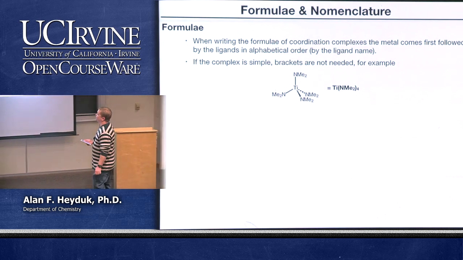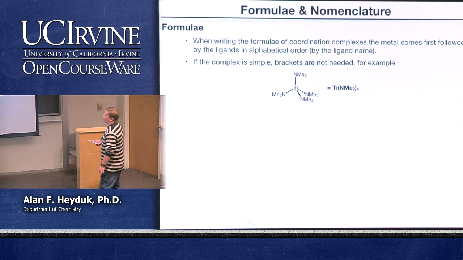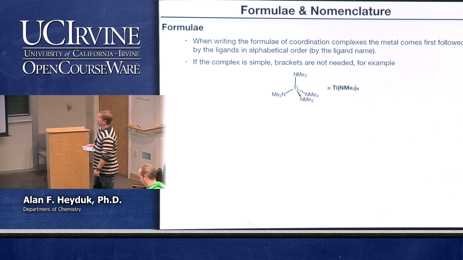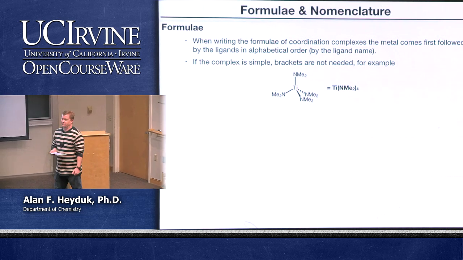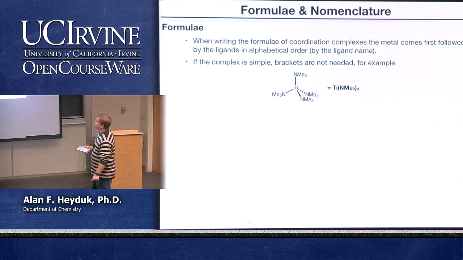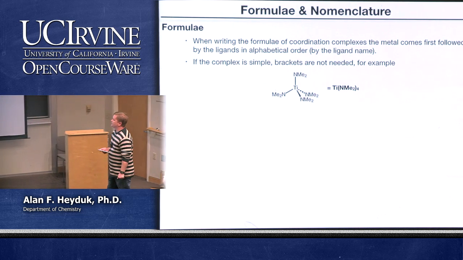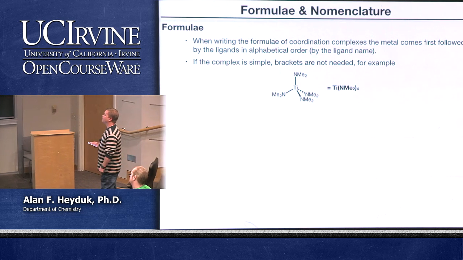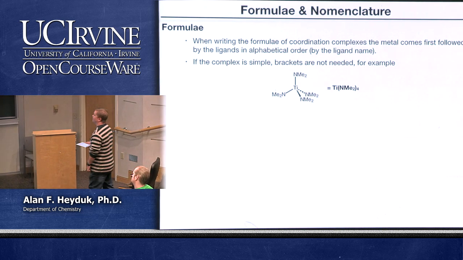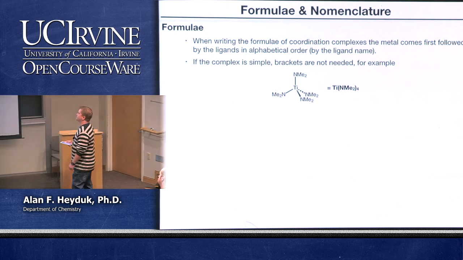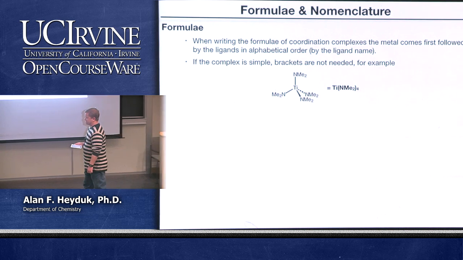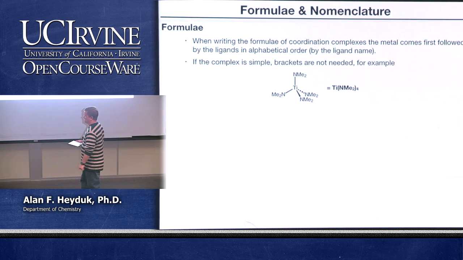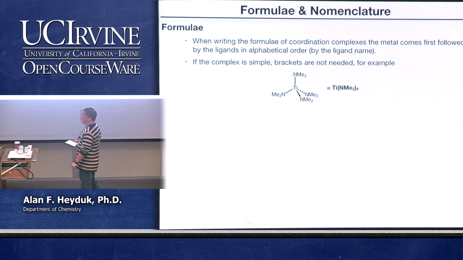So we'll start by writing formula. When you write the formula of a transition metal compound, the metal comes first because it's the most important. We typically go with the ligands in alphabetical order by the ligand name, not by the formula of the ligand. And so if the complex is simple, brackets are not needed. For example, this tetrakis dimethylamide titanium complex.